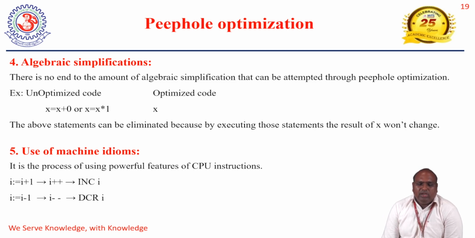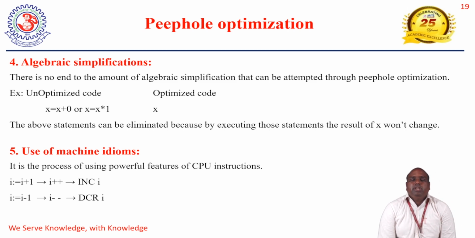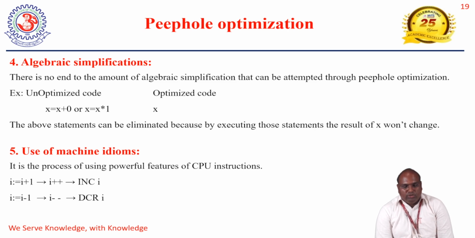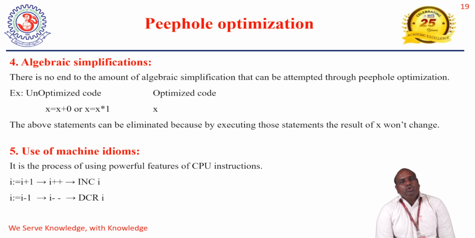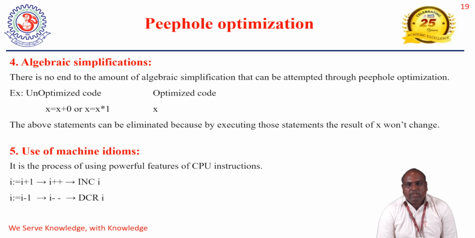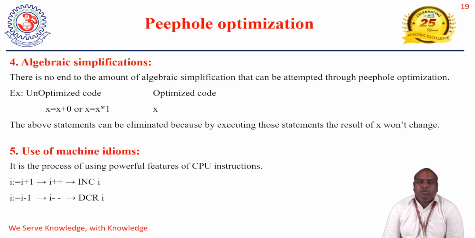Next, the last one is use of machine idioms. This is also one of the techniques in peephole optimization. Here I am using CPU instructions directly instead of normal code instructions. Why? Because executing CPU instructions takes less time compared to normal instructions. That's why I'm using machine idioms. If you see the example, you can understand. This is the process of using the powerful features of CPU instructions.